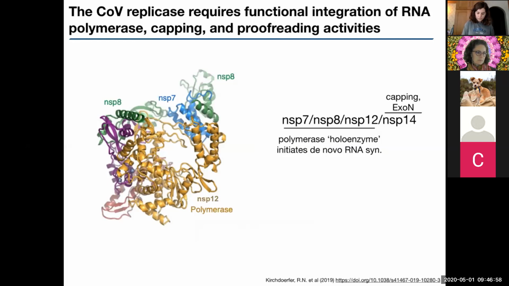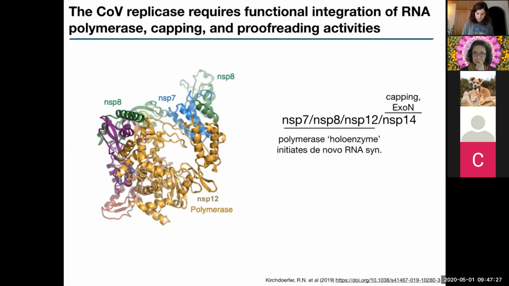This is made up of the NSP12 RNA-dependent RNA polymerase itself, together with two other non-structural proteins, NSP7 and NSP8, which are thought to help with processivity of the RDRP. As I mentioned, this is thought of as perhaps the core holoenzyme of the polymerase, and it is believed to be able to initiate de novo primer-independent RNA synthesis.